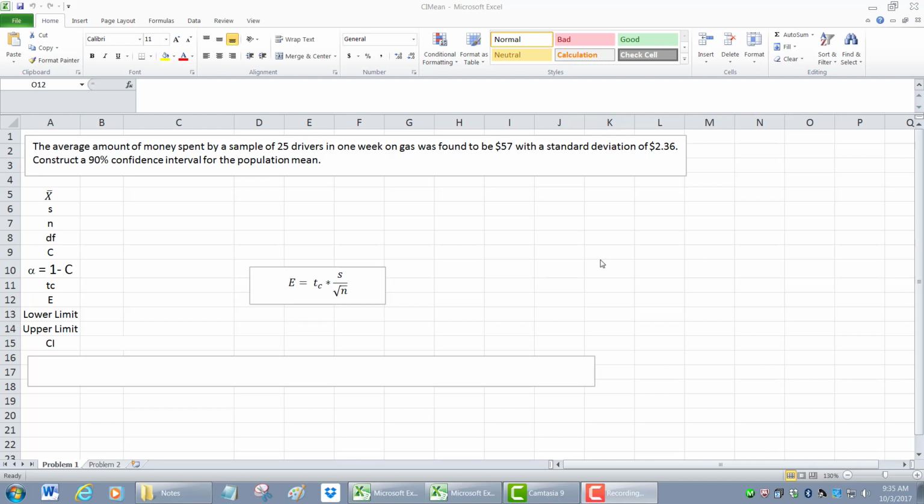So what we need to do is calculate the margin of error here. The error term is the critical value from the t distribution times the sample standard deviation over the square root of n. So let's see what we know.